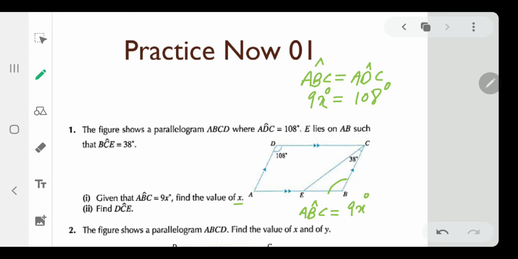So all I have to do is to find out the value of x. The value of x becomes 108 degree divided by 9. So the value of x is 108 divided by 9, which is 12. So this is our answer. The value of x is 12 degree, right?